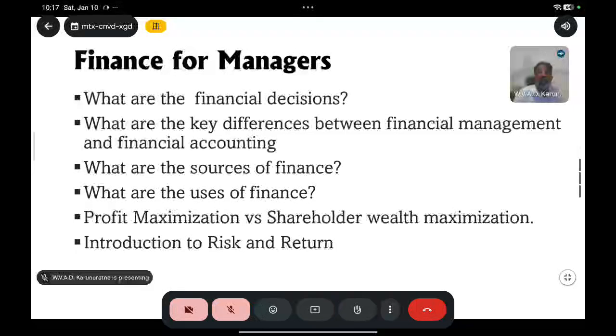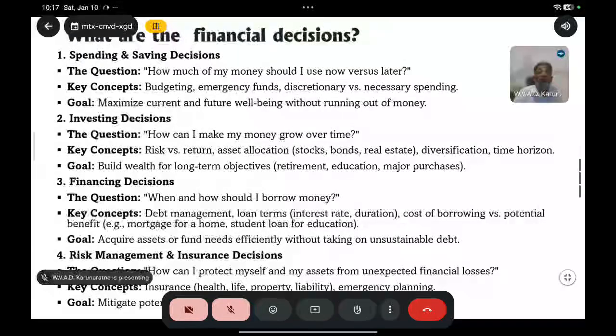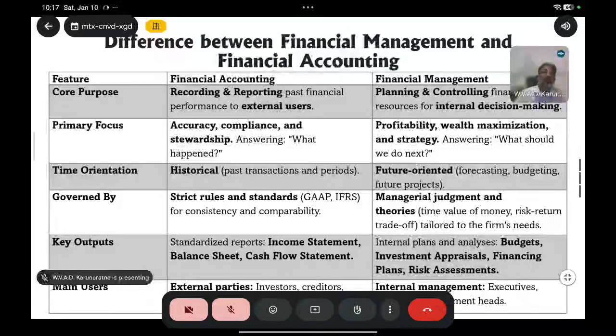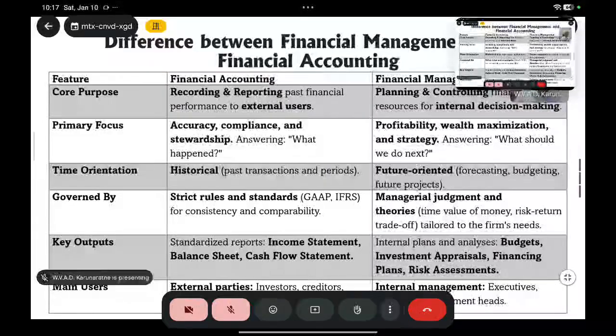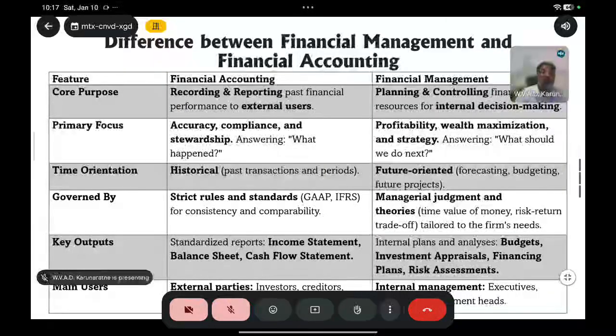Actually, if you want to obtain the difference between financial management and financial accounting, you can see this kind of description in terms of purpose. Financial accounting is recording and reporting past-year financial performance to external users.